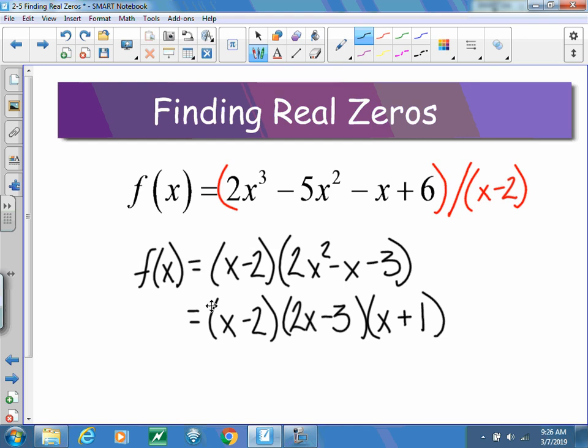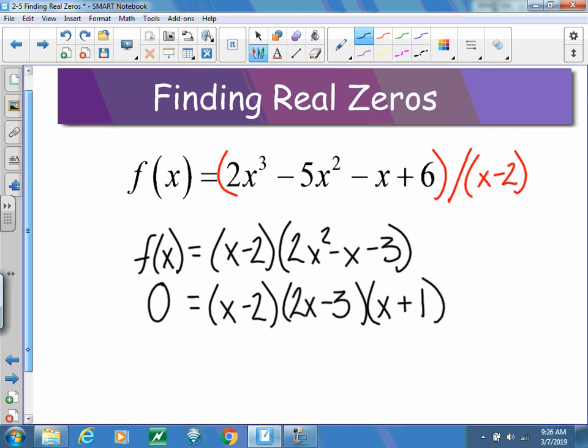So I have now completely factored this third degree polynomial by finding one of its rational zeros, which was positive 2. I was able to divide it by its factor and break it down to a second degree.